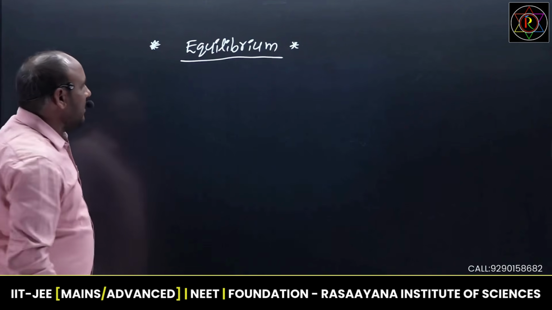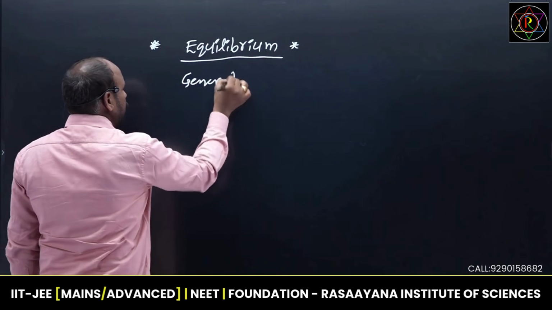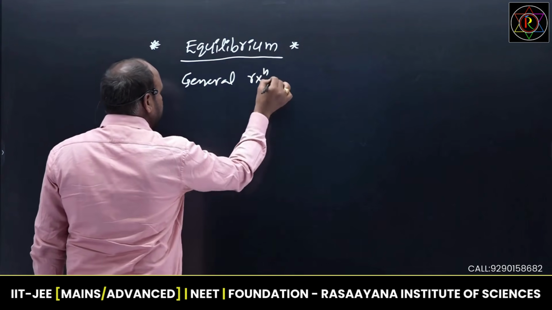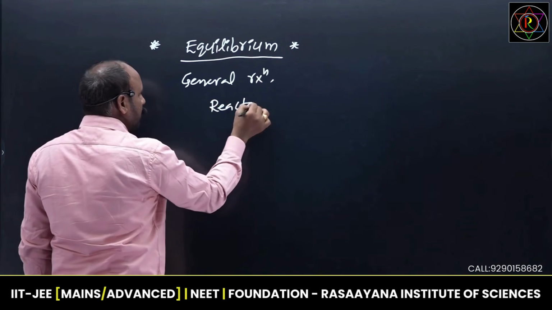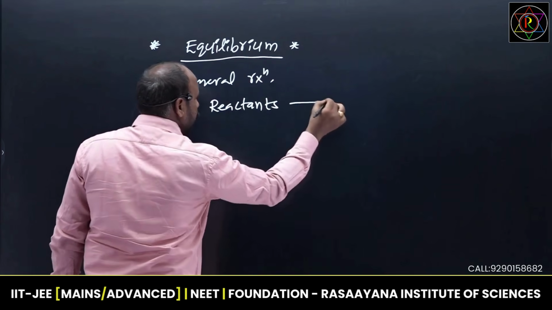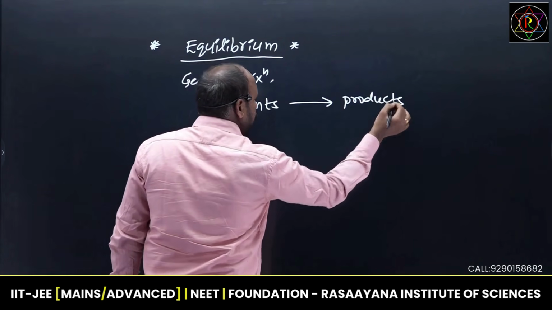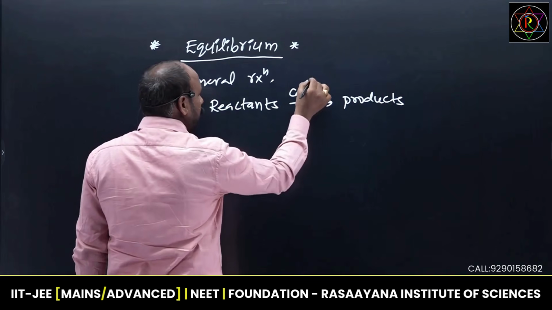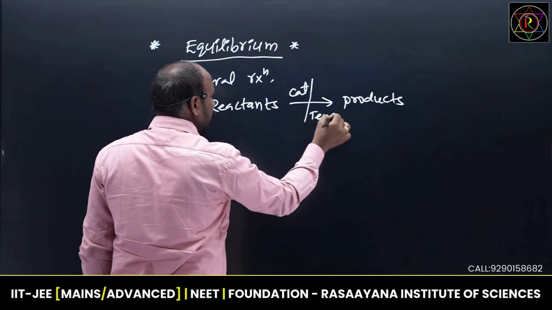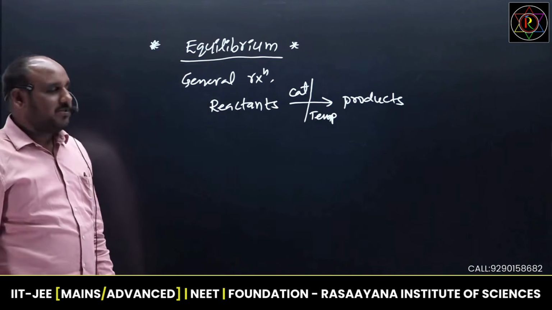Equilibrium means we have to consider a general reaction, in which reactant molecules are converted into products. This reaction may be carried out with the help of a catalyst or with the help of temperature.